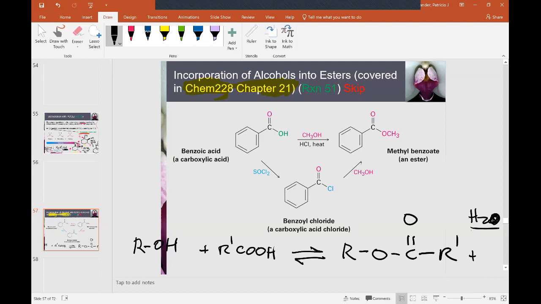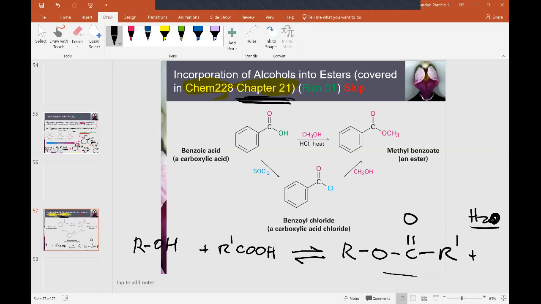And that is going to be the superstar reaction of chapter 21, where we get to see that that reaction works in the forward direction and in the backward direction. So you can perform the formation of esters, or you can perform the hydrolysis of esters to regenerate a carboxylic acid and alcohol.